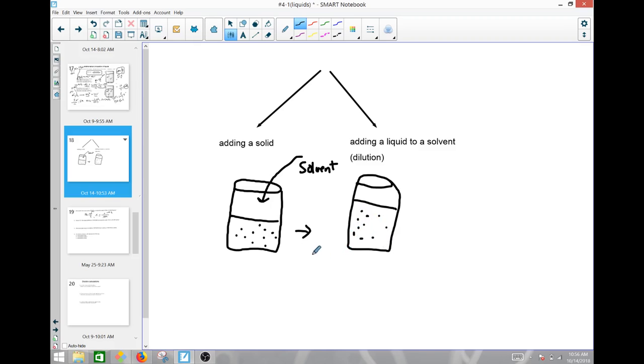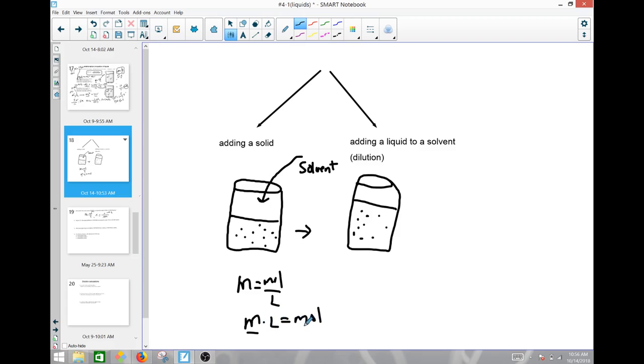So this follows the formula molarity equals moles per liter, and we solve for moles, so molarity times liters equals moles. You should be aware that if I double my molarity of a given volume, my moles double. If I double my volume of a given molarity, my moles double.